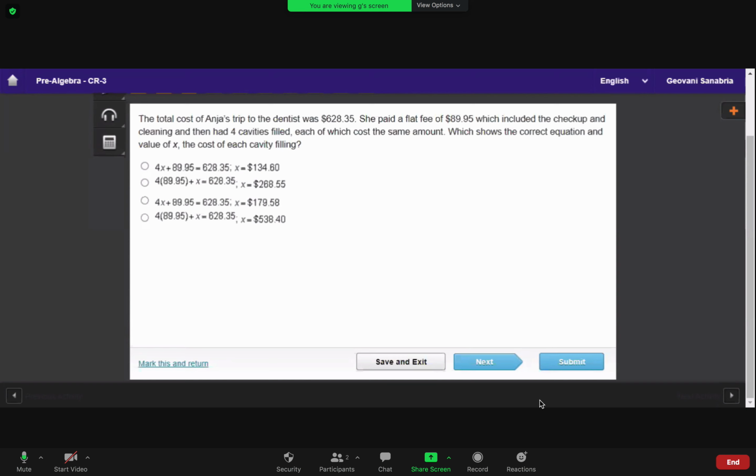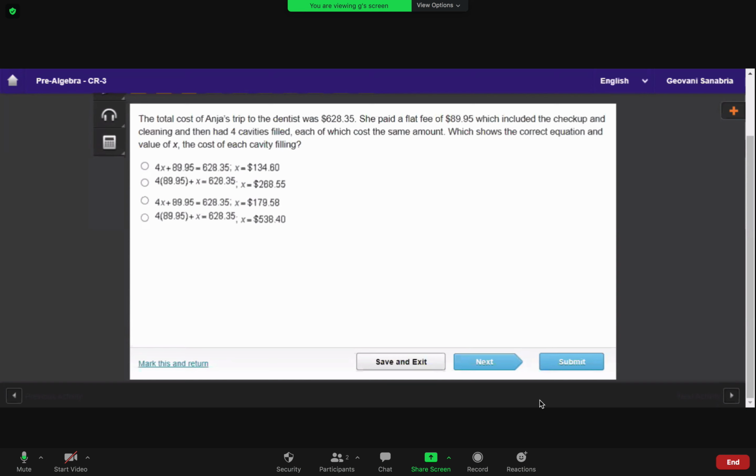So the total cost is a hint that we're going to say something equals 628.35. That's probably on the right side of the equation all by itself.